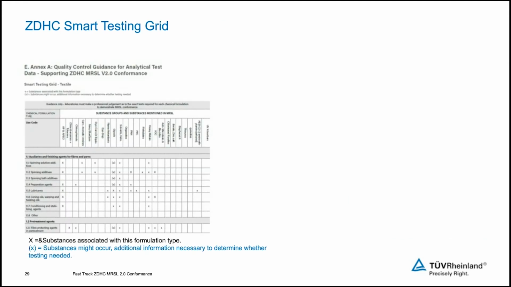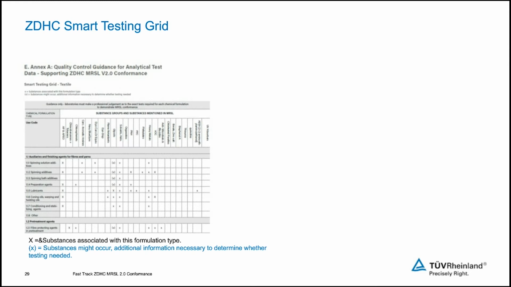If we perform full MRSL list testing, the cost is very high and the time to finish is long. To reduce this, ZDHC created the SMART testing guideline. The SMART testing guideline depends on the use of the product.